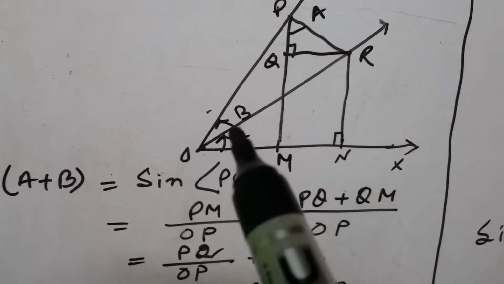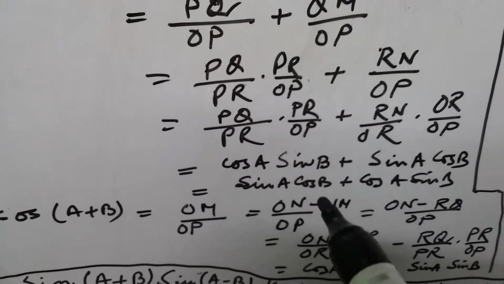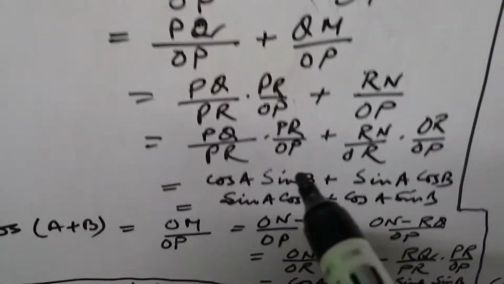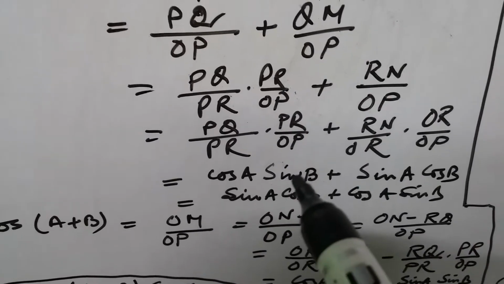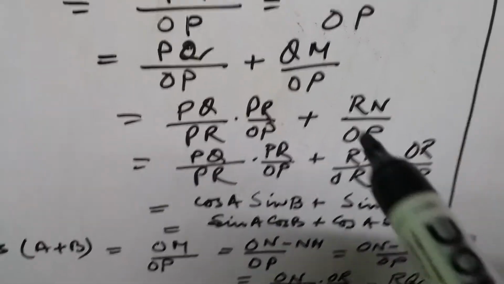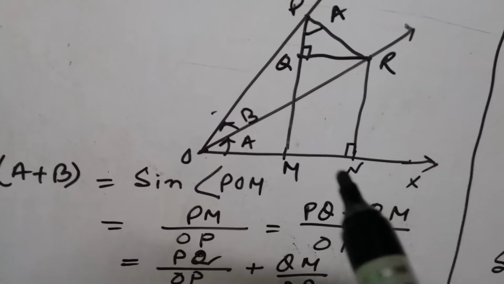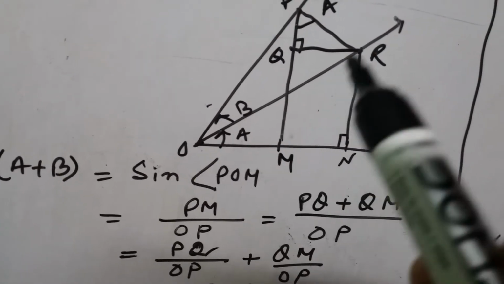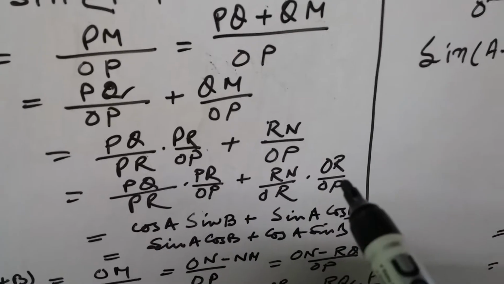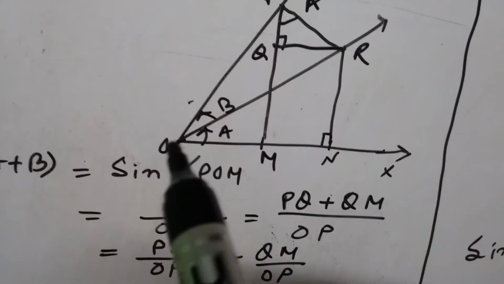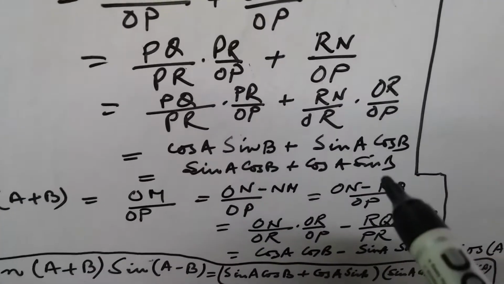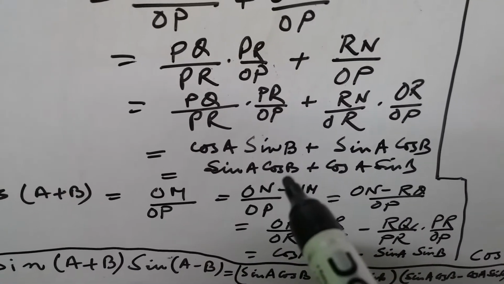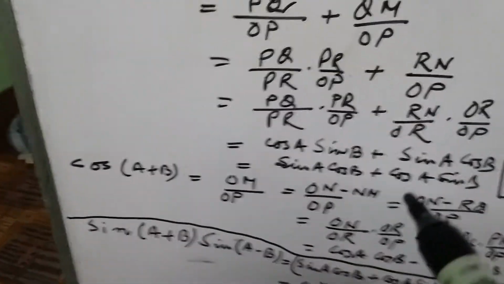So this is sin B, right here sin B. And RN by OR, so this is sin A, perpendicular by hypotenuse, and OR by OP, that is base by hypotenuse, so cos B. Then arrange: sin A cos B plus cos A sin B.